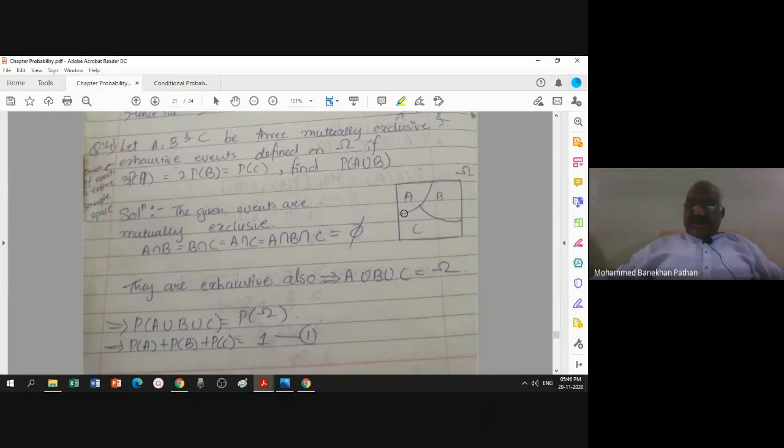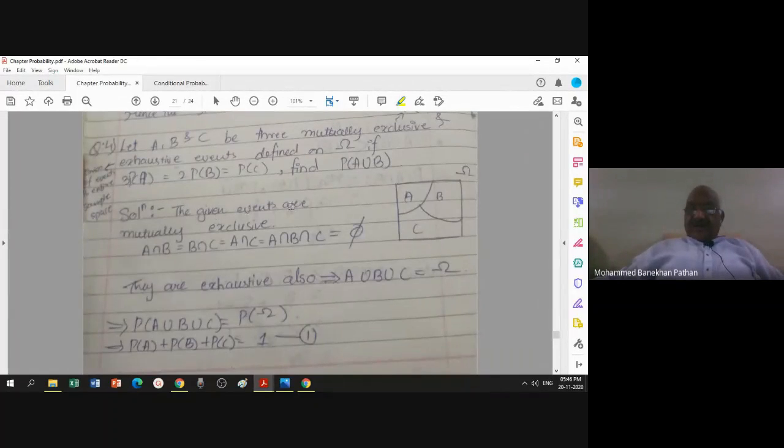This is A, this is B, and the rest is C. That means omega is divided into 3 partitions. That is named as exclusive and exhaustive. The other word is partition of sample space.